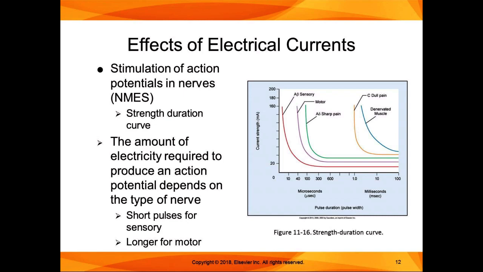So in order to stimulate either denervated muscle or those C fibers, you really need quite long pulse durations. So when we're talking about sensory and motor nerves and the A deltas, we're in the microsecond range, so millionths of a second. When we're talking about the C fibers or the denervated muscle, we're in the thousandths of a second range, the millisecond range. So those are very long pulses.